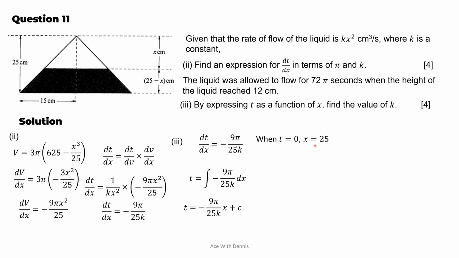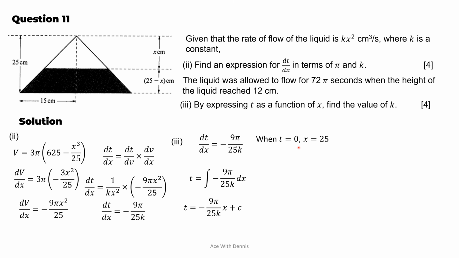Here you need to be careful. Remember that this x is not the height of the liquid. It is the height of the empty space. So when time is 0, that means this container is empty. Therefore, this x will be the maximum, which is 25 cm. Remember this, x is not the height of the liquid.